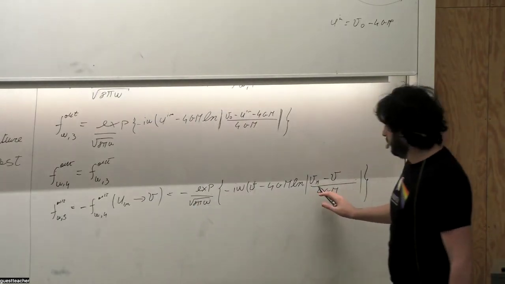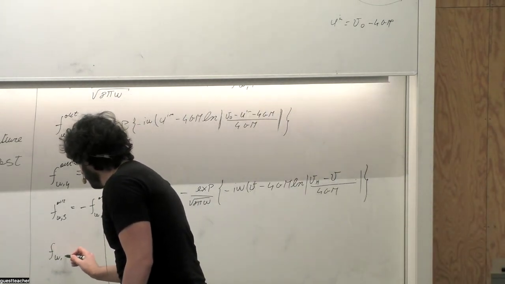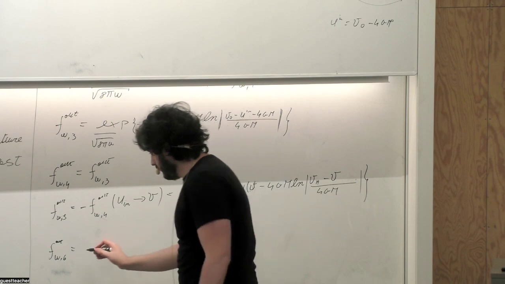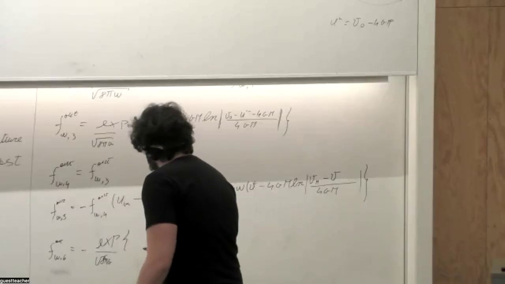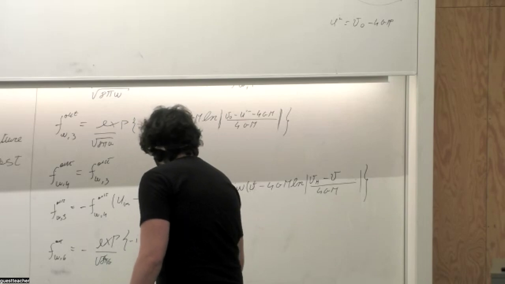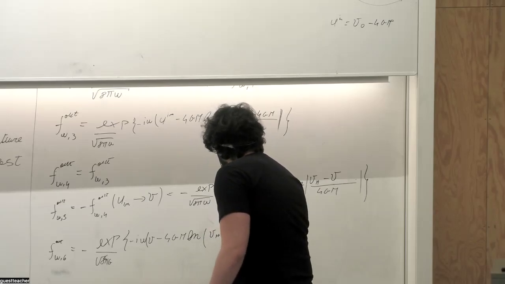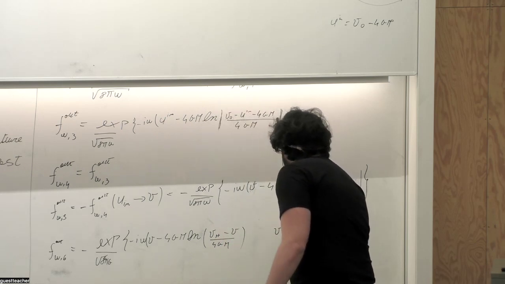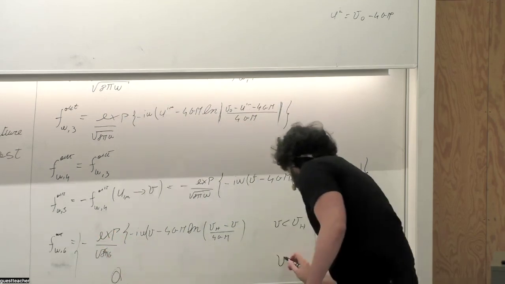So in the final result, for v smaller than v horizon, this is just this. And so I have f omega 6 out is equal to minus exponential of i omega v minus 4GM ln of (v horizon minus v) over 4GM if v is smaller than v horizon, and 0 if v is greater than v horizon.